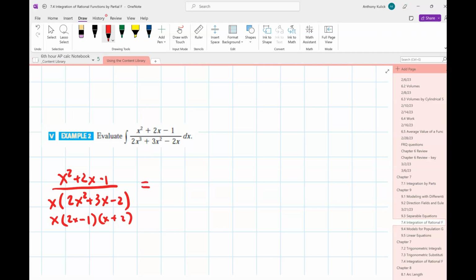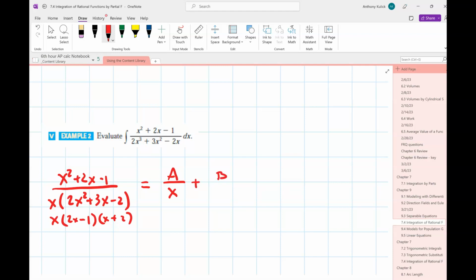Okay. So now I'm going to set up my partial fraction decomposition. What are the fractions I'm going to need here? A over x, great.